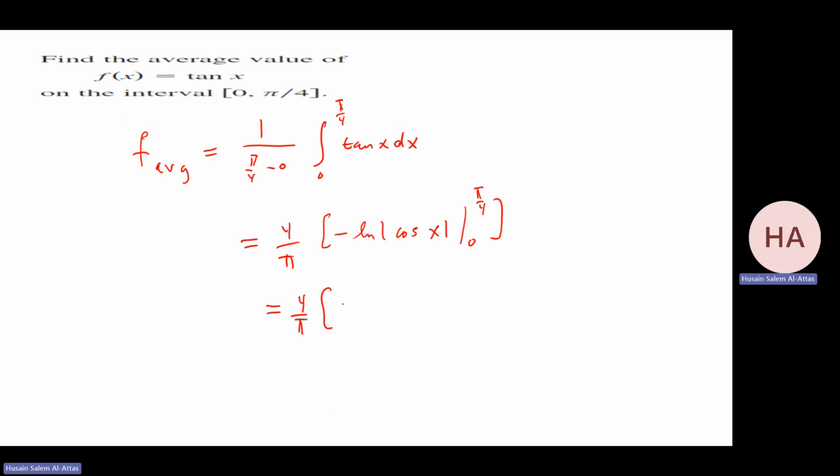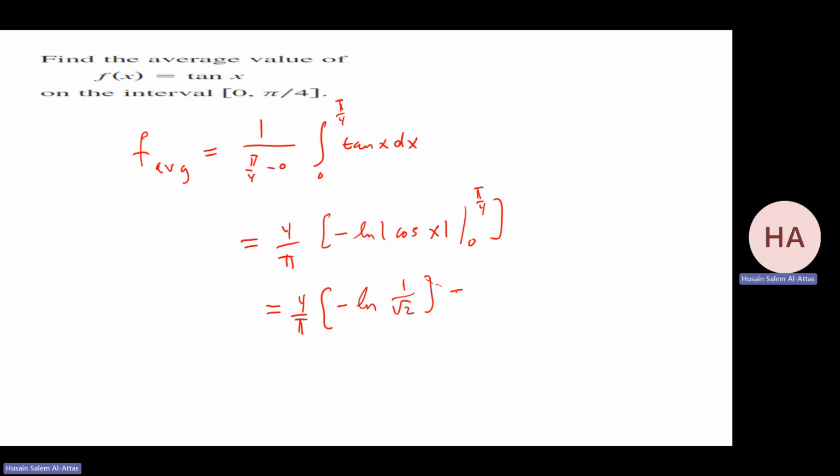It will be minus ln cosine pi over 4, which is 1 over square root of 2, minus ln cosine 0, which is ln 1, which is 0.